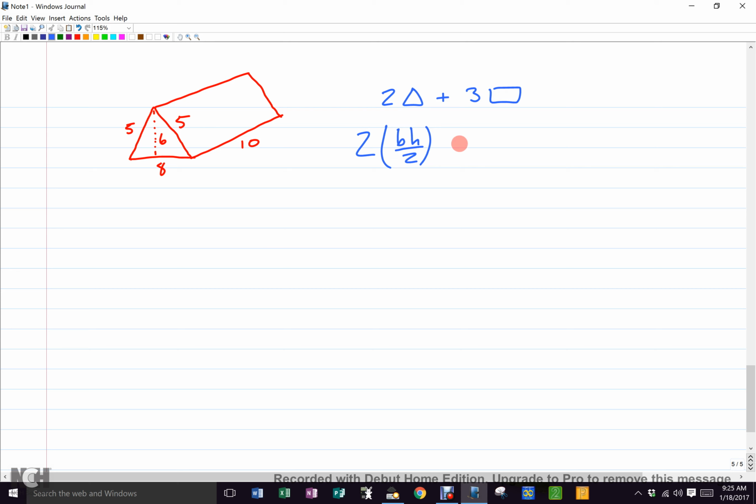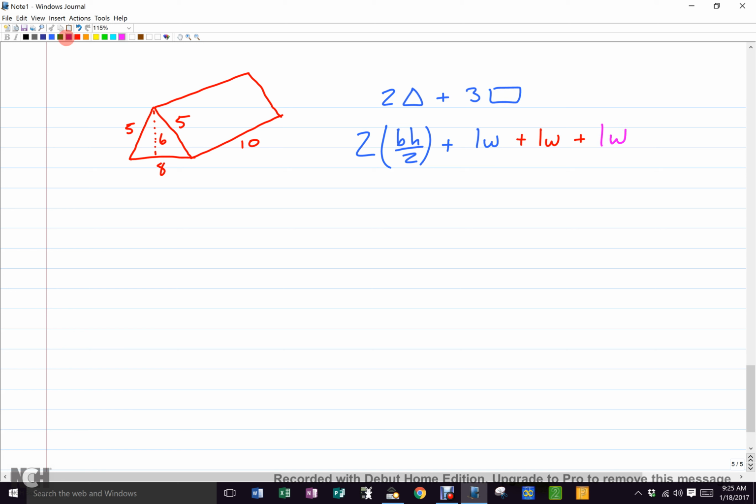Cool? 3 rectangles. Every rectangle is what? Length times width, right? Not times 3, because they're not the same rectangles, are they? I got another rectangle. And I got a third rectangle, don't I?